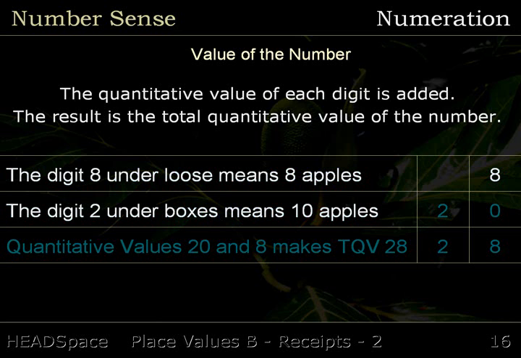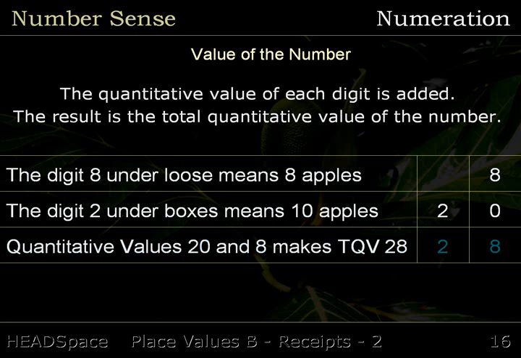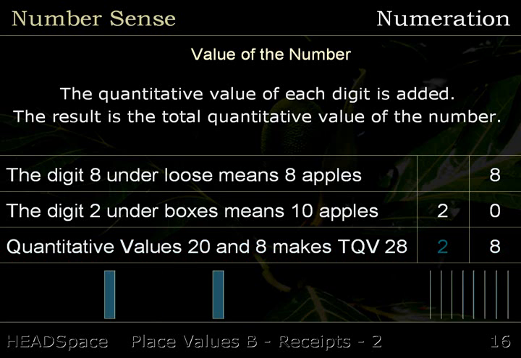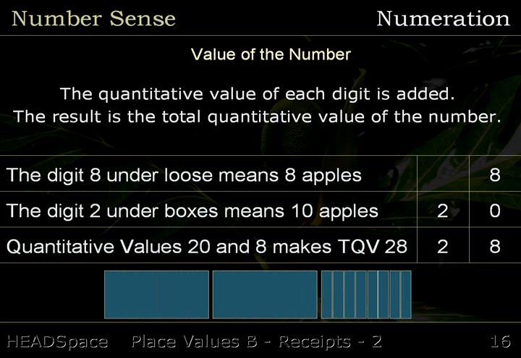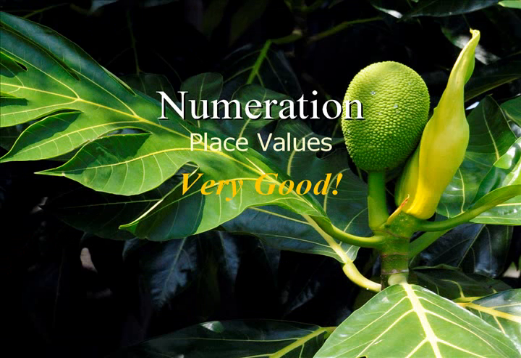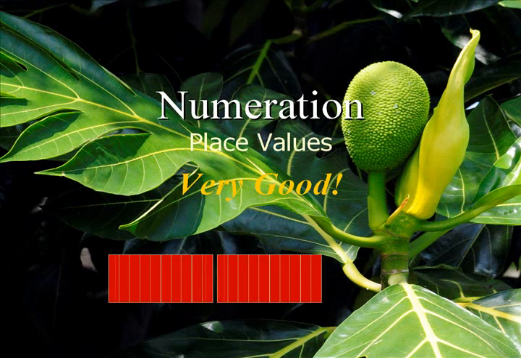The digit 2 under boxes means 20 apples. Quantitative values 20 and 8 make total quantitative value 28. Very good.